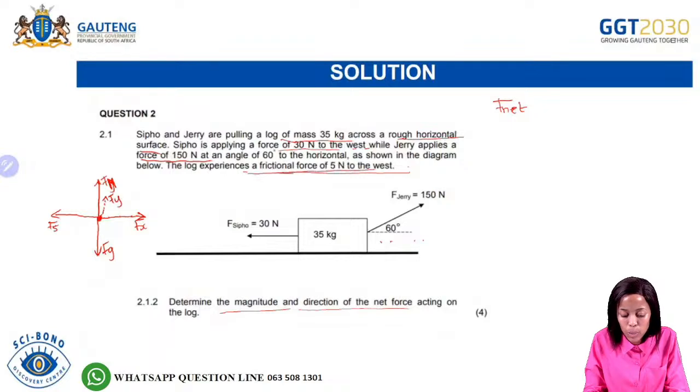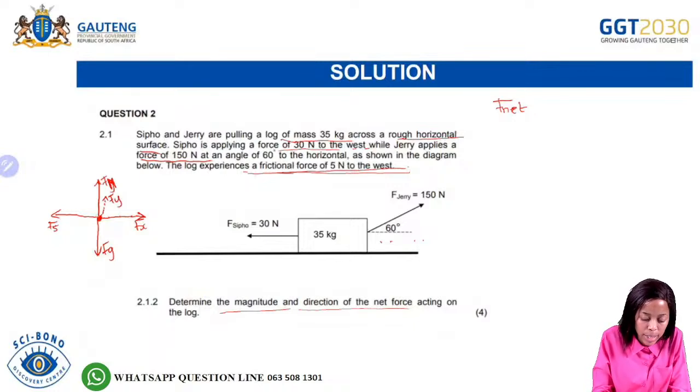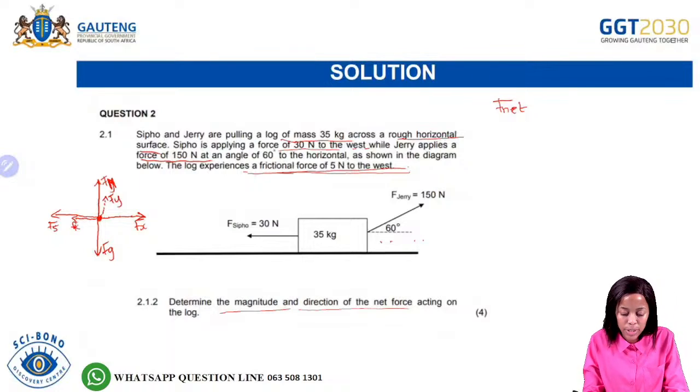But then again, we were also told that we have a frictional force which is going to the left hand side. So again, we are also going to have our frictional force there going to the left hand side. So from there, to do our calculations, what are we going to focus on? We are going to only focus on the horizontal forces.